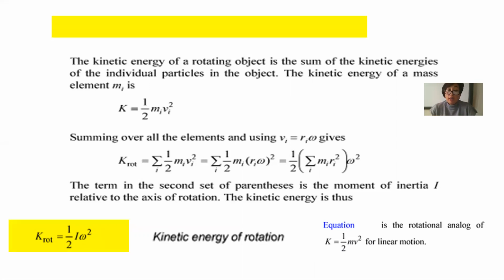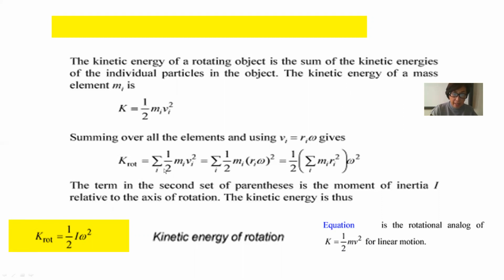For every element, the linear velocity is the radius multiplied by the angular velocity.